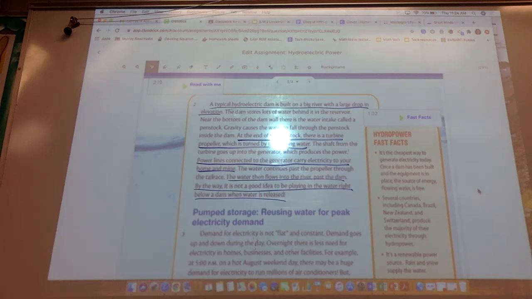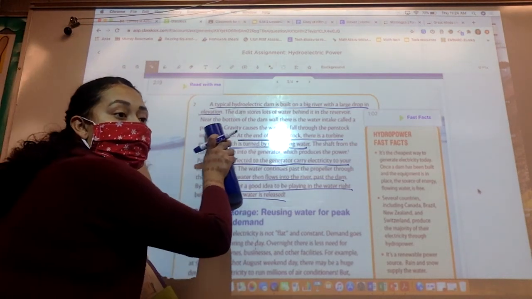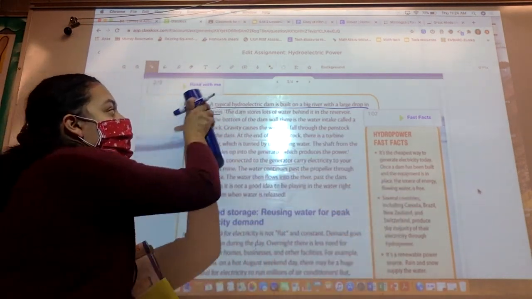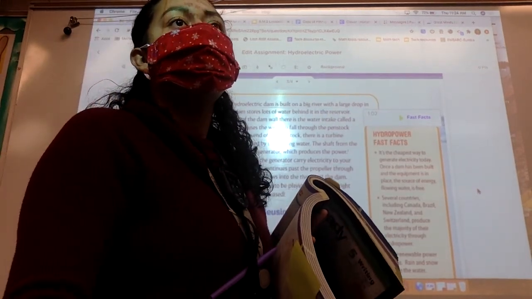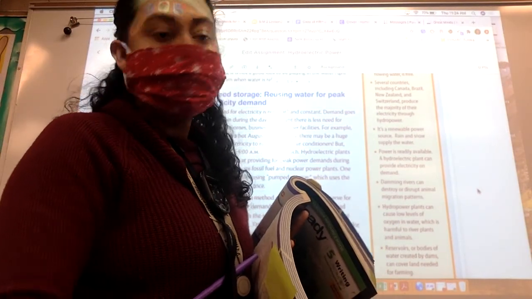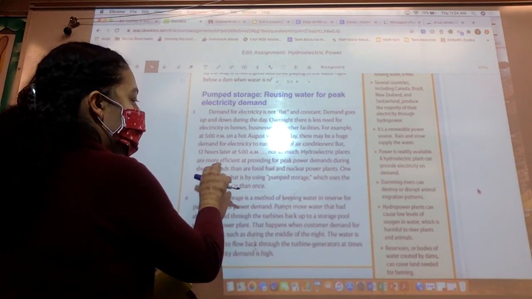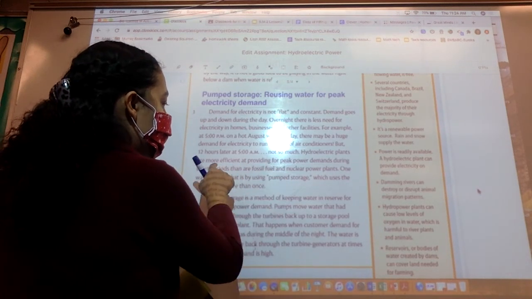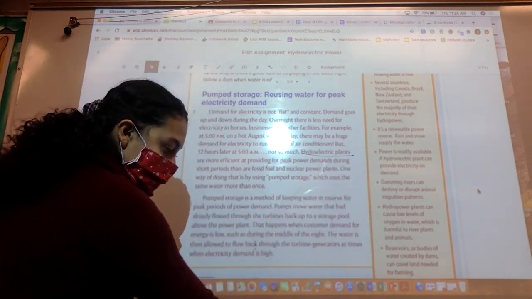Dylan. Hydroelectric plants are more efficient at providing for power.